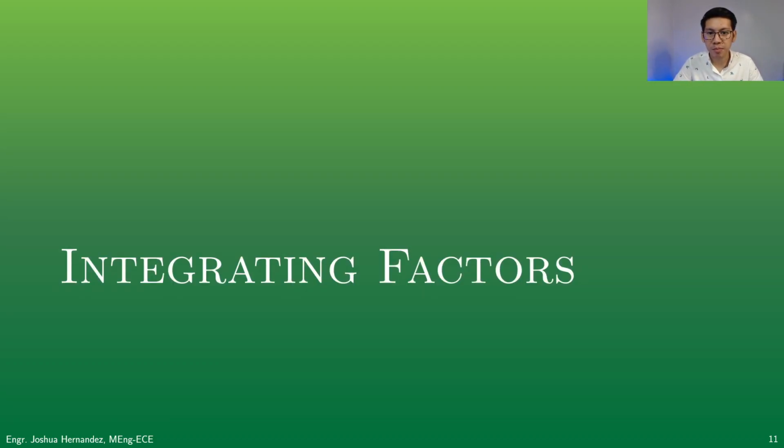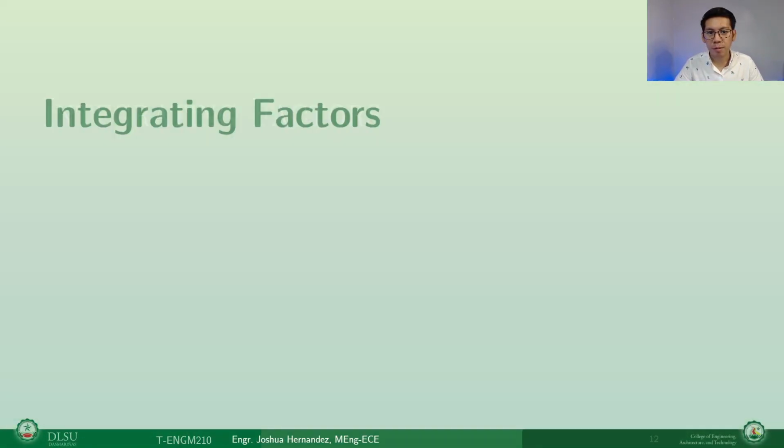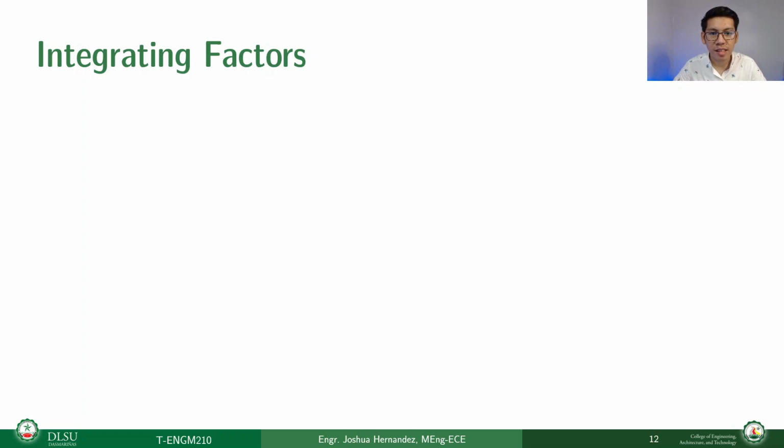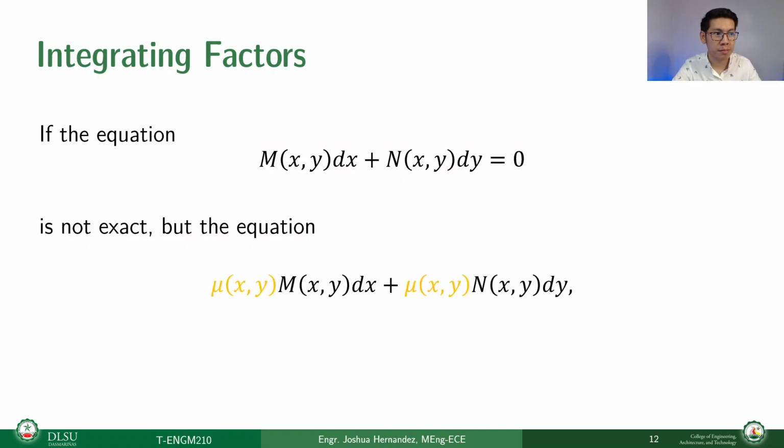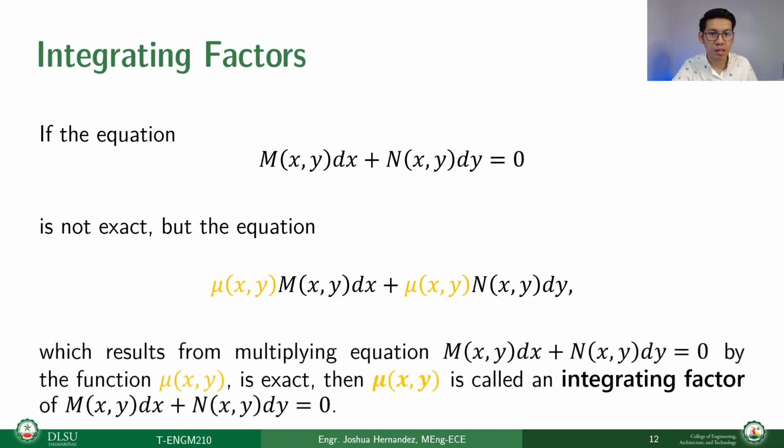So formally speaking, if the equation M(x,y) dx plus N(x,y) dy is equal to 0, that differential form, is not exact, but the equation mu(x,y) M(x,y) dx plus mu(x,y) N(x,y) dy, notice what we multiply there, mu, which results from multiplying the equation above by a function mu(x,y), is exact, then what do we call mu(x,y) here?